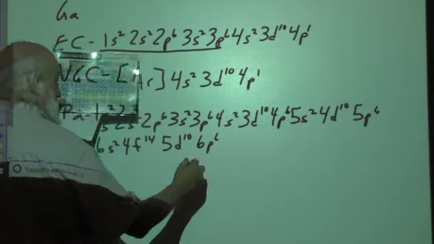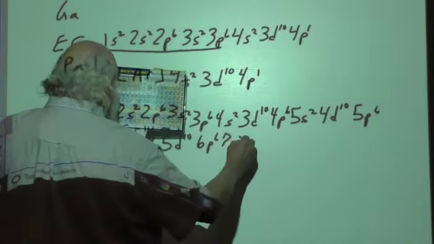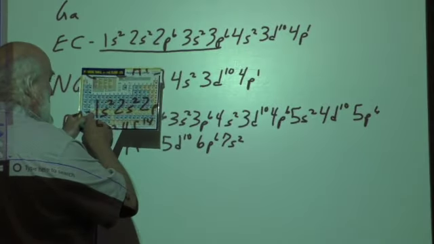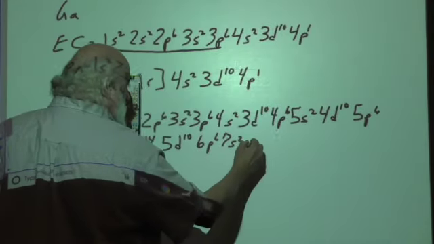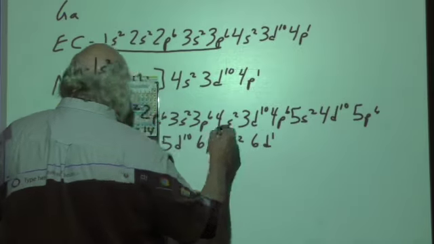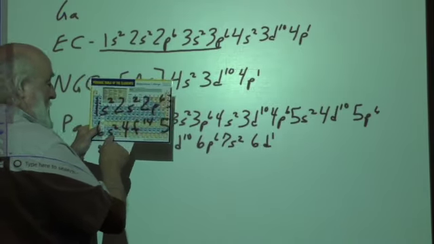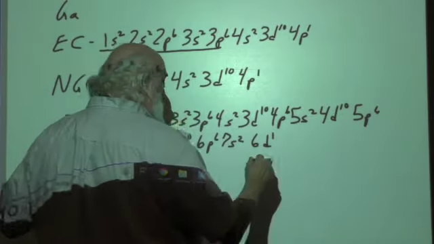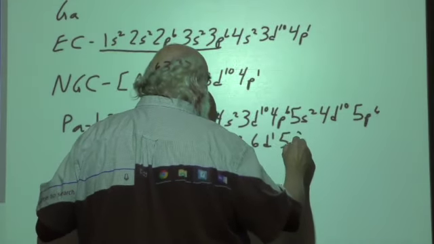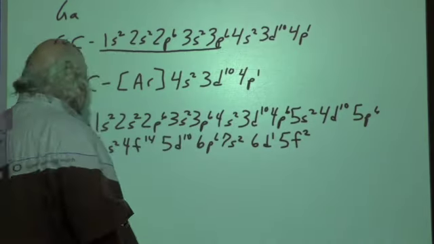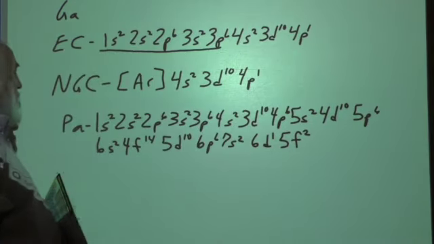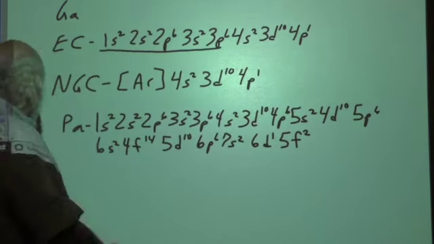And the next two are 7s2. Then we have actinium next. That is a d, the one related to that 6d1. And then we got two of the 5fs for thorium and protactinium, so 5f2. That is the entire electron configuration for protactinium.